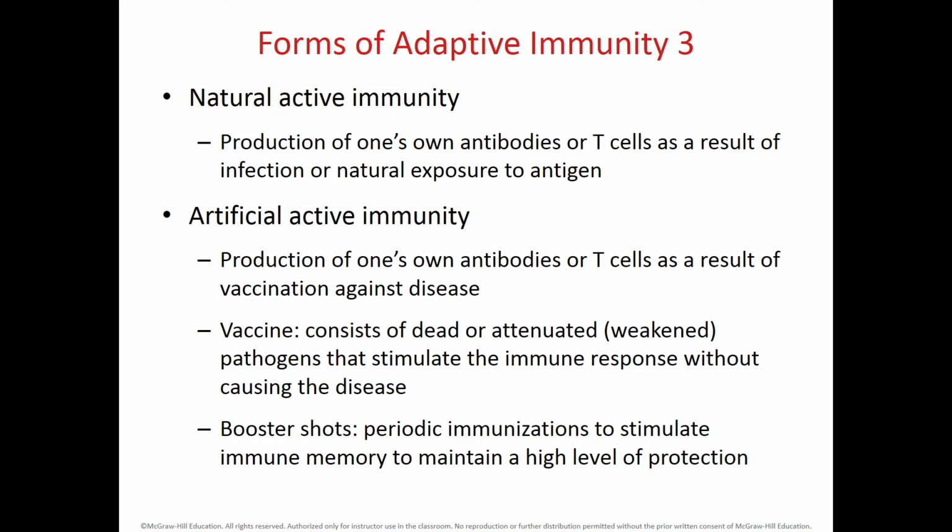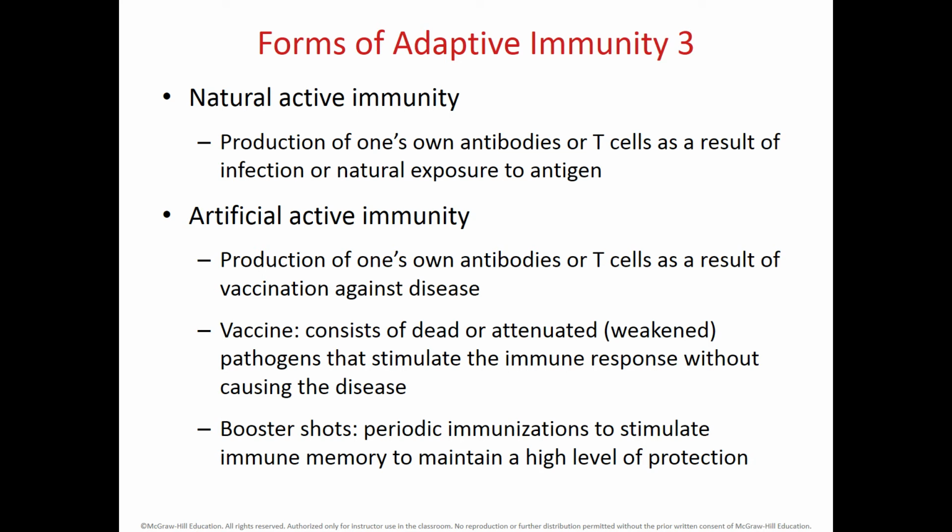So natural active immunity will be when you are exposed to an antigen or a pathogen and you start producing your own antibodies by the B cells, or when you start developing the memory T cells.